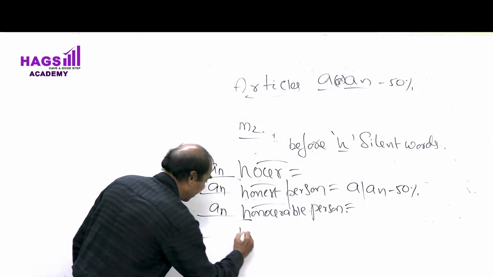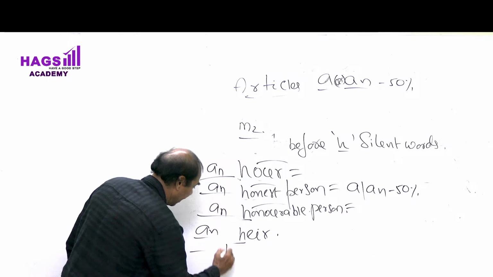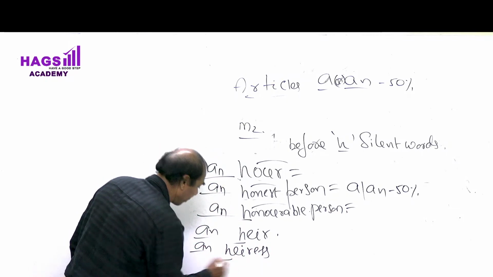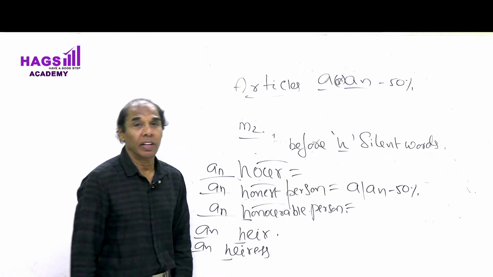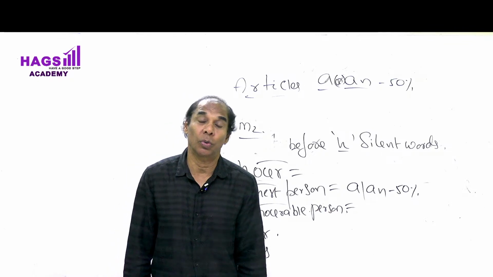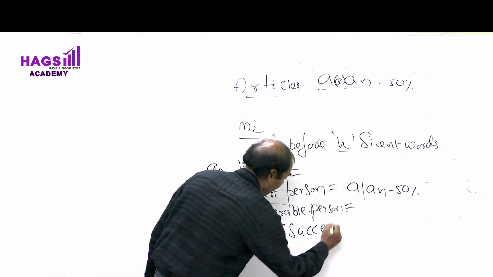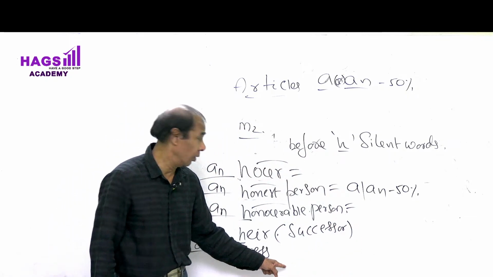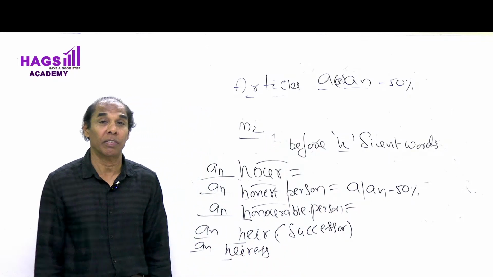Look. H-E-I-R, heir. And H-E-I-R-E-S-S, heiress. H-E-I-R, heir, means in Telugu, Varasudu. In English, successor. Heirs means Varasuralu, successors.